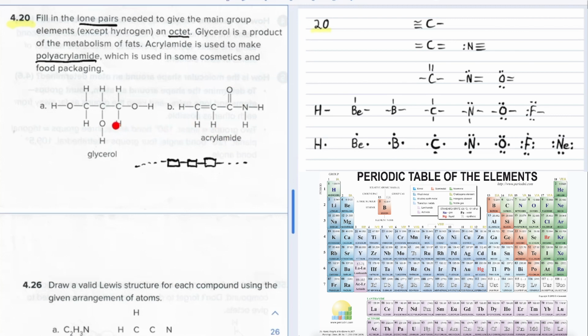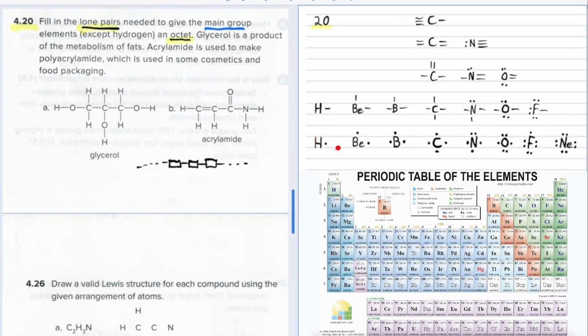Anyway, you're asked to complete the Lewis structures for these two by putting in lone pairs and to give octets to the main group elements, except hydrogen. So let's talk about that, and then we'll do this problem. The way you do Lewis structures, I hope you watched the lecture video, but if not, I'll give you a quick tutorial.